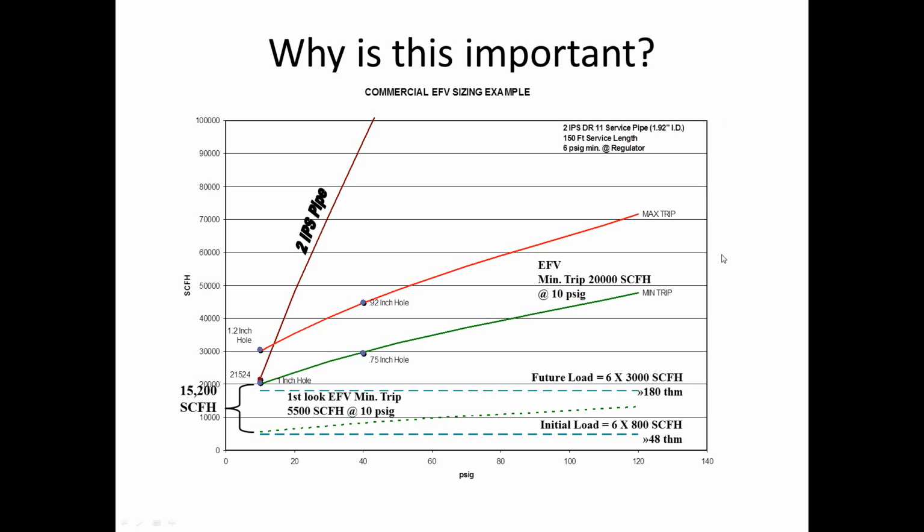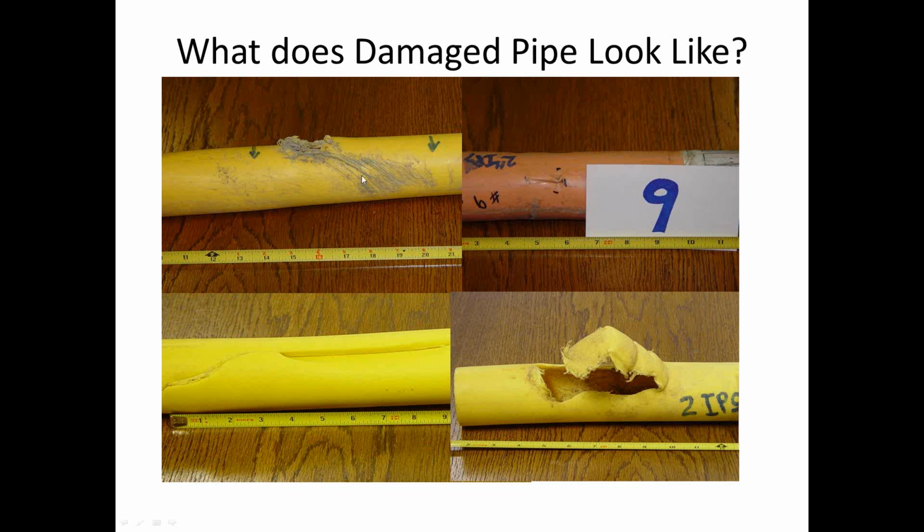What we see, and if I can get this thing to click forward, I just threw a couple pictures in here of some 2 IPS pipe and some different damages from a damage database. It shows that when 2 IPS pipe or some of this larger pipe gets hit and you have a breach to atmosphere, you don't always have a full open of the pipe to atmosphere or a clean sever where you're going to allow the maximum flow of that pipe.